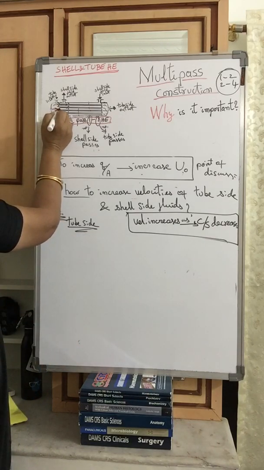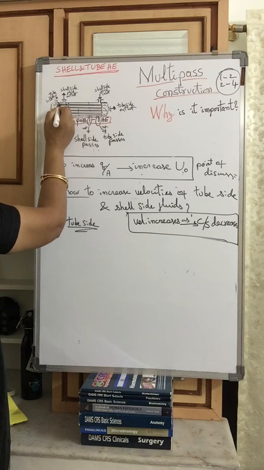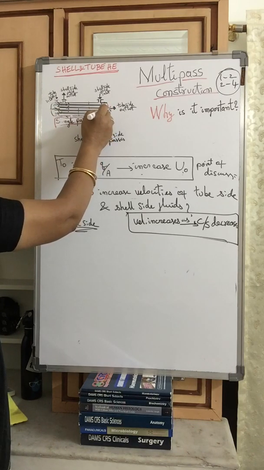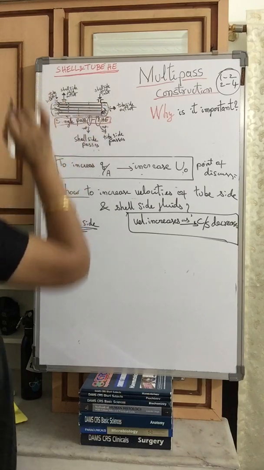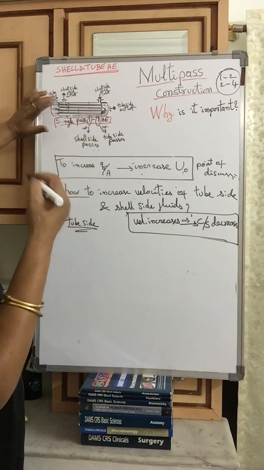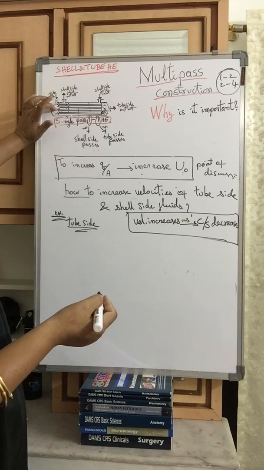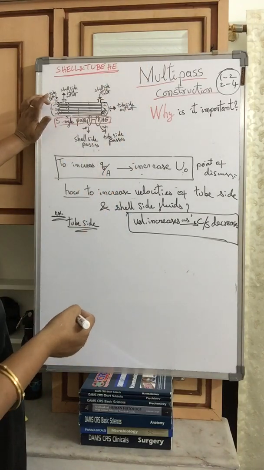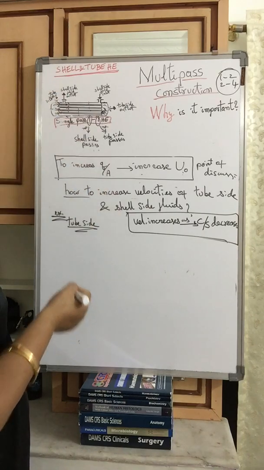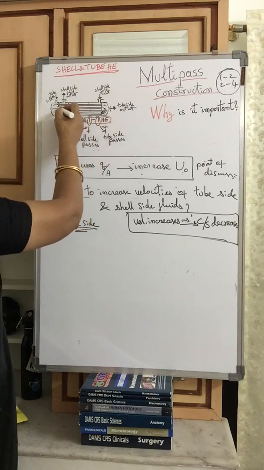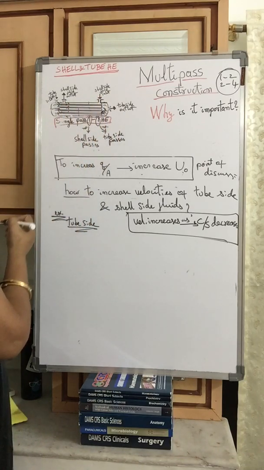By keeping a baffle plate, we are decreasing the cross section. So the velocity increases. Then, with higher velocity it flows like this, it comes like this, then it flows like this. With the help of the actual diagrams we will discuss later on. Next class we will discuss 1,2 and 2,4 heat exchangers. But this is the basic principle. So now the tube side passes have become two tube side passes.